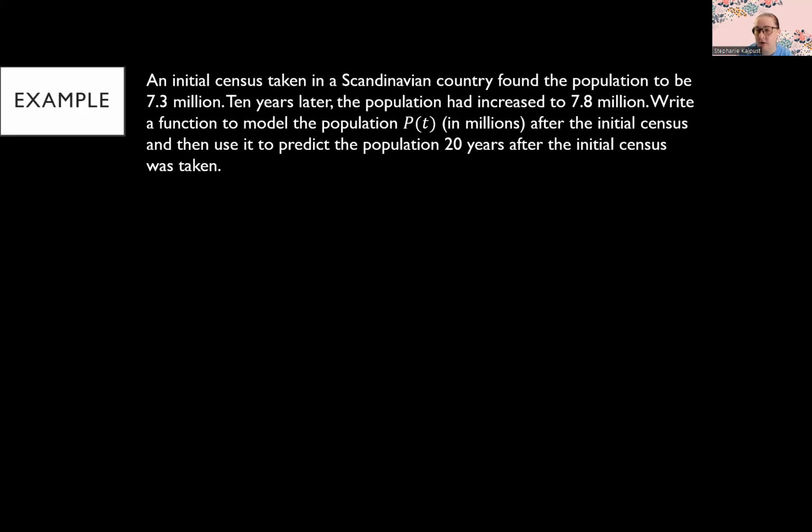We're not given any percentages here. Now they do tell us how much was 10 years later, but we're not getting a percent. It's not saying it's growing by this percent per year. So there's nothing to indicate that we use the model with per year, that kind of thing.